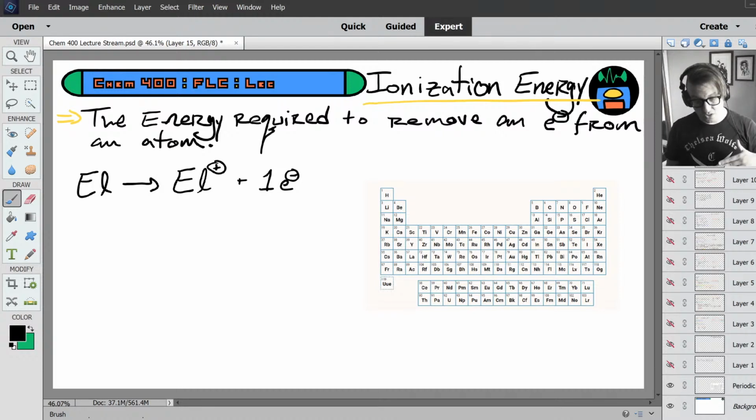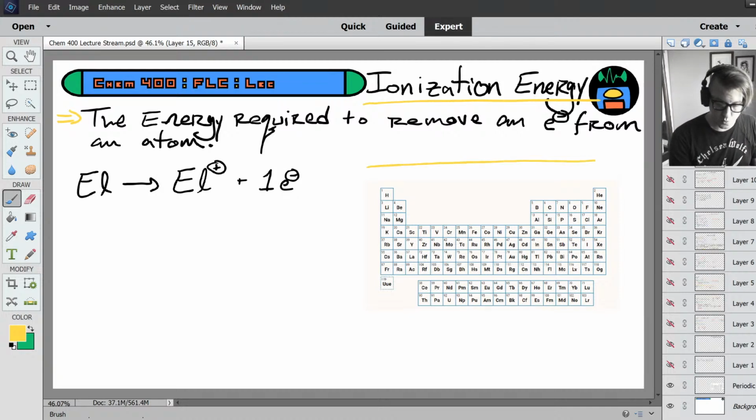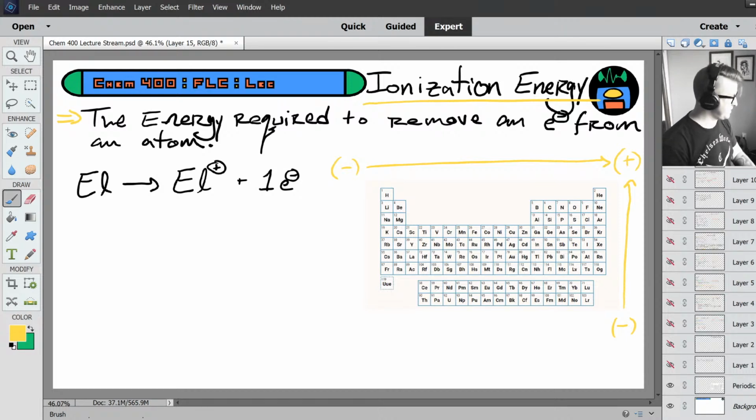If you have a low electronegativity, it's not going to take a lot of energy to steal that electron away because that element really doesn't care. So this periodic trend, ionization energy, tracks with electronegativity. The amount of energy it takes to steal an electron from an element increases as you move from left to right, and it increases as you move from top to bottom. All right? This one tracks with electronegativity.